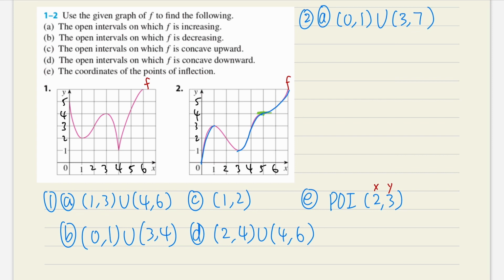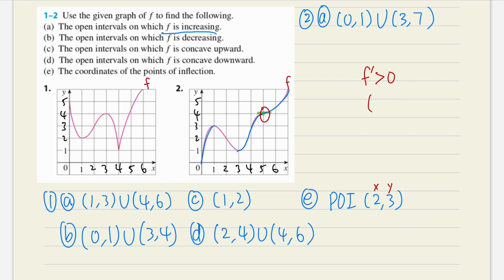Again, the question is asking where the function is increasing. Even though you have a horizontal tangent point right there, you still consider that as increasing. The best example is x cubed. X cubed looks like this, and x cubed is always increasing. But if the question is asking where the first derivative is greater than 0, then you are not going to include the number 5.